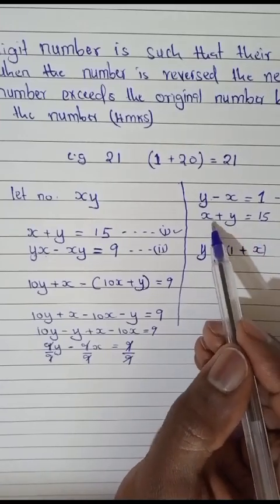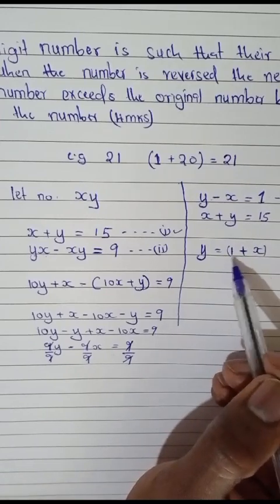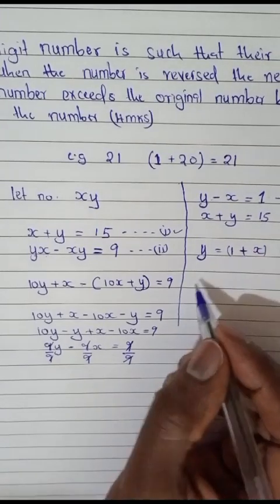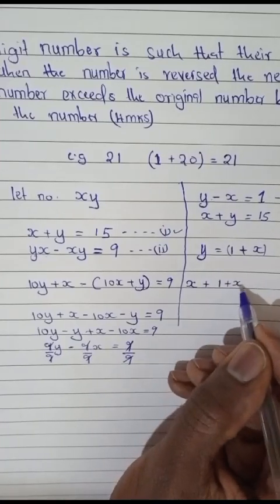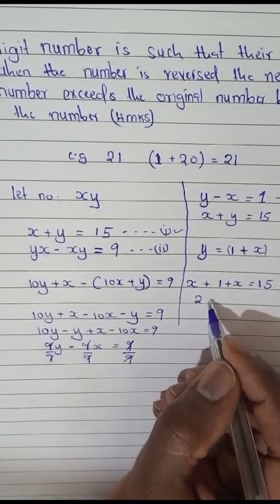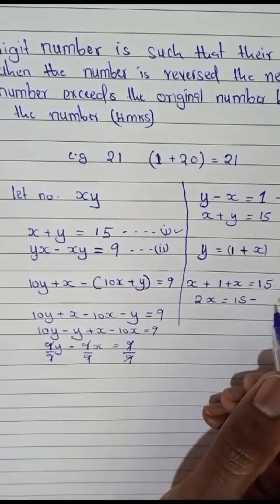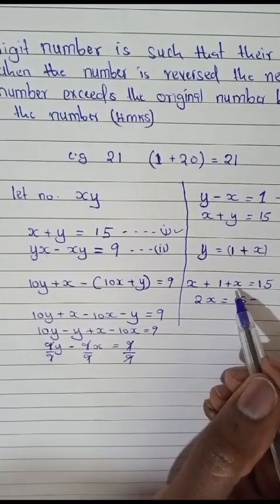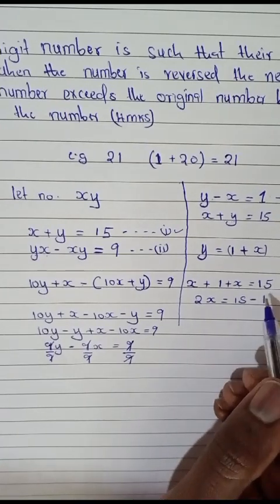And therefore, I will come to the second equation. And where I have y, I will replace it with 1 plus x. So therefore, I will have x plus 1 plus x, which will be equals to 15. If I collect the like terms, I will have 2x, because x plus x will give me 2x. Then I will have 15 minus 1, which will be equals to 14.